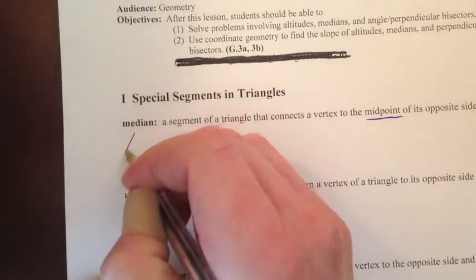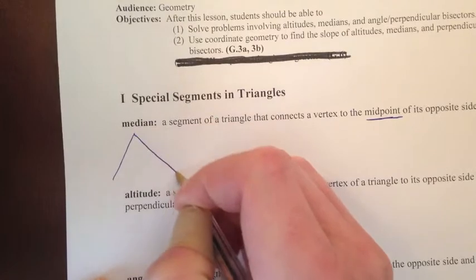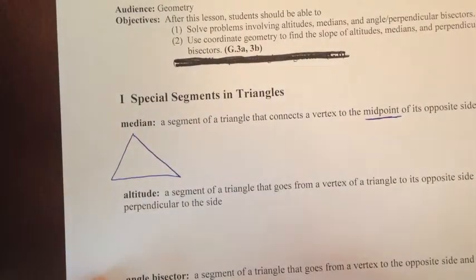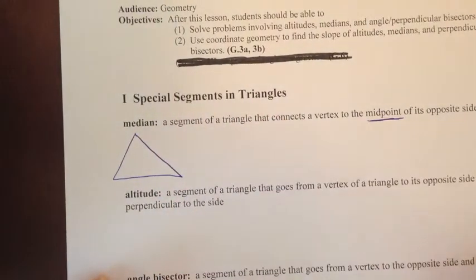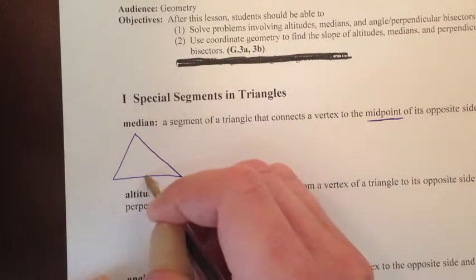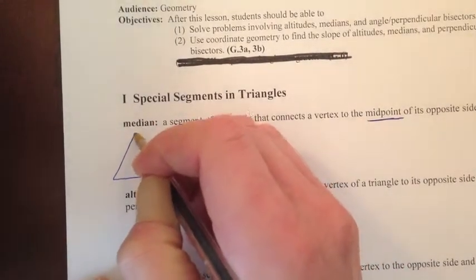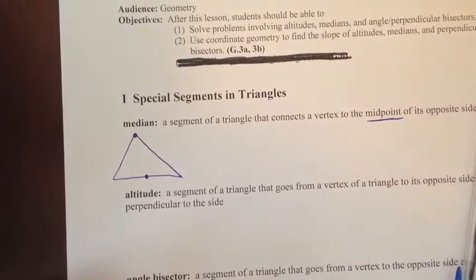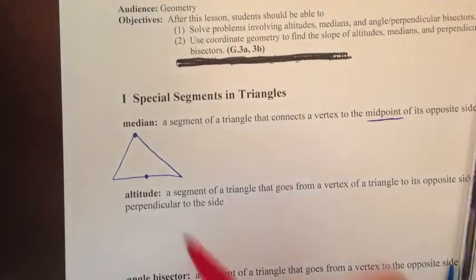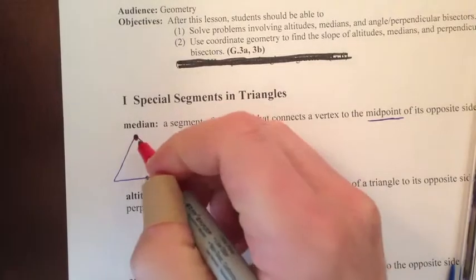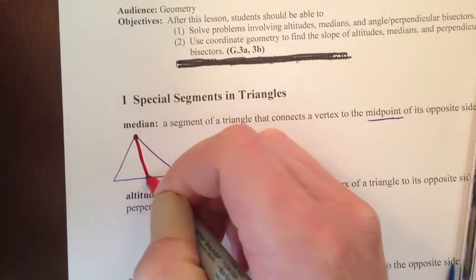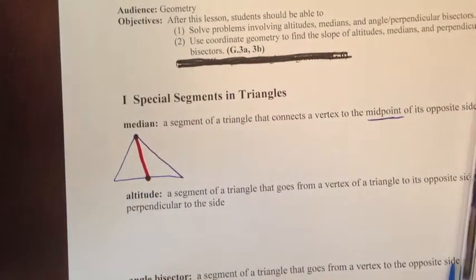So basically what that means is that if we draw a triangle, and let's say we put the midpoint of the bottom, we'll put it right here. The median is the segment that connects one vertex to the midpoint of the opposite side. So that is a median.